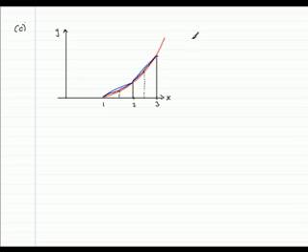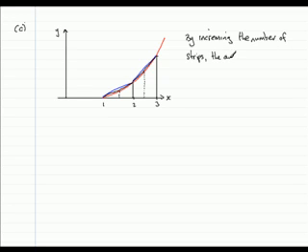So what I'm going to say then to answer this question is something along the lines that by increasing the number of strips, or intervals, the areas of the trapeziums tend towards the area under the curve.